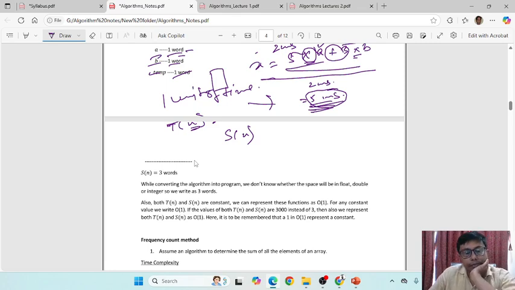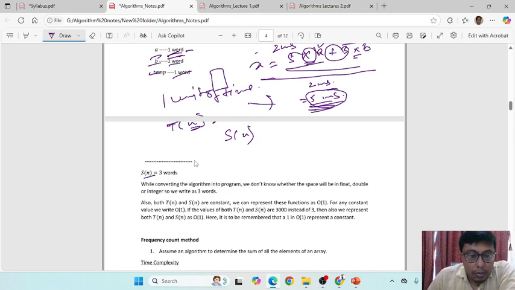If it is represented as integer, then a will be considered an integer. This is actually a constant, one word and one word. Total cumulatively we can express Sn equal to 3 words.